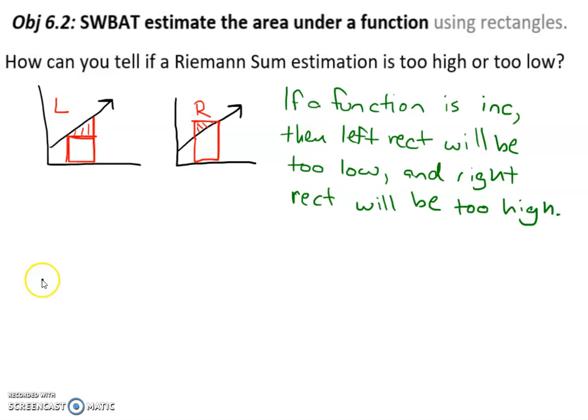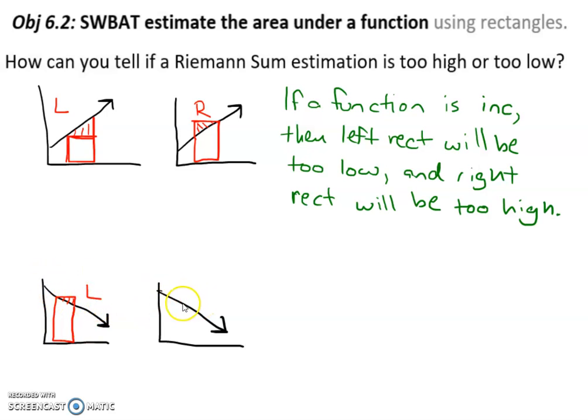The last thing we're going to do is analyze this again with decreasing, and you can probably already guess, but this is just going to have the exact opposite conclusion. So I drew 2 graphs that were decreasing, same graph, and when you draw in a rectangle using the left height, the height on the left, it's a little bit too big. So left rectangle, if the graph is decreasing, is a little bit over.